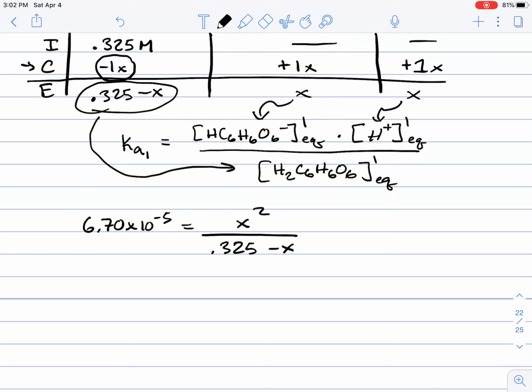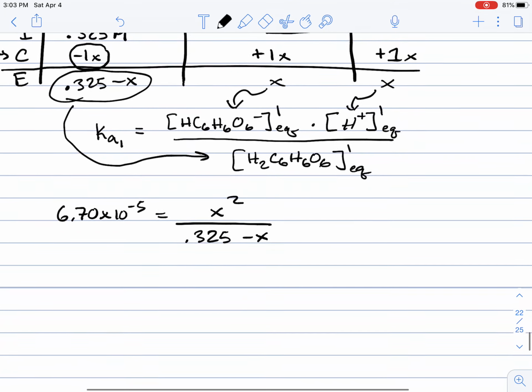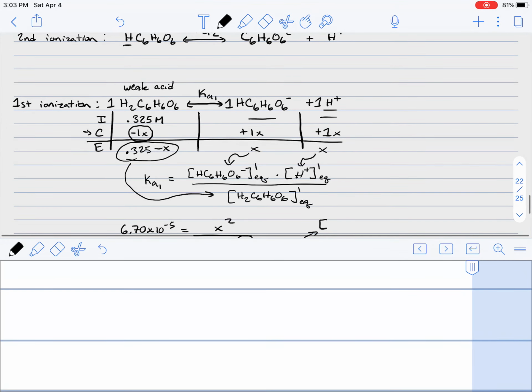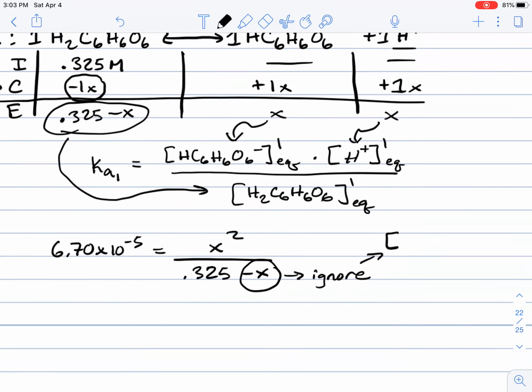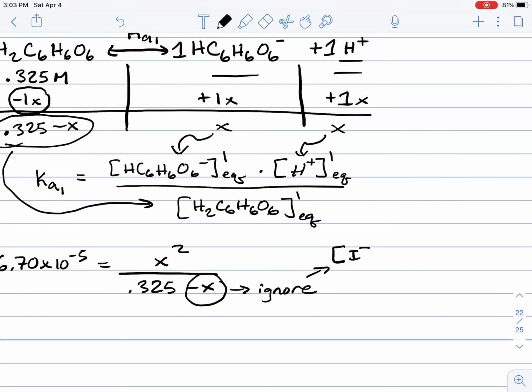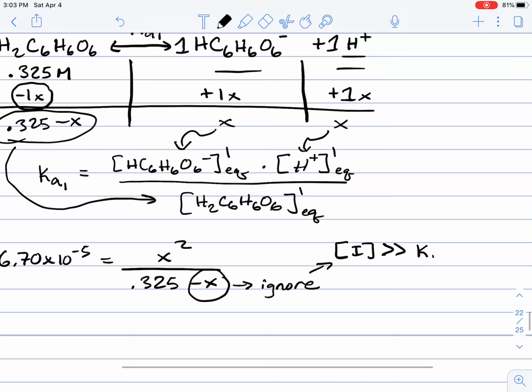Once again, if you guys leave this alone, you don't make any assumptions, you're going to run into a quadratic equation. And so we want to determine whether or not we need this x in the denominator. Can we ignore this? And so once again, we're going to have to ask ourselves, is the initial concentration far, far greater than the Ka1 value times 100?